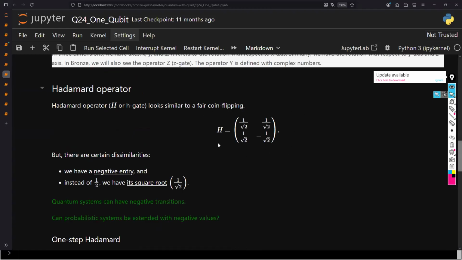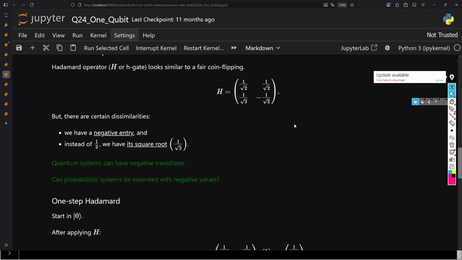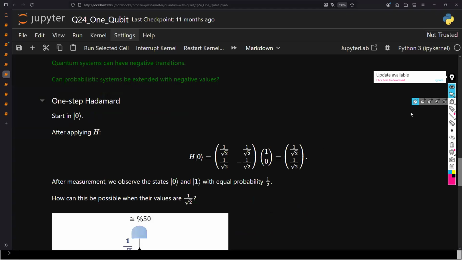So here's the Hadamard operator. As I have explained to you, we have 1 over square root of 2 exactly because we deal with amplitudes instead of regular probabilities that could be explained by real numbers, as in our standard probability explanations.